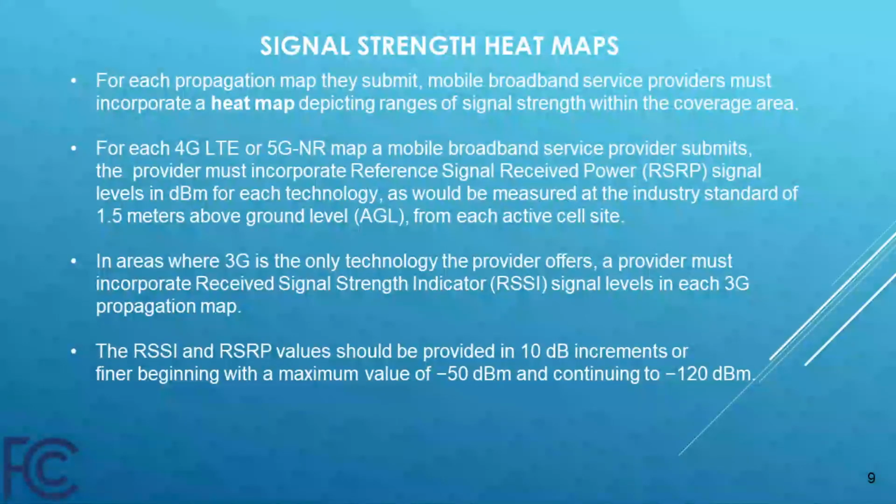For each propagation map they submit, mobile broadband service providers must incorporate a heat map depicting ranges of signal strength within the coverage area. For each 4G LTE or 5G NR map that a mobile broadband service provider submits, the provider must incorporate reference signal received power signal levels in decibel milliwatts for each technology, as would be measured at the industry standard of 1.5 meters above ground level from each active cell site.